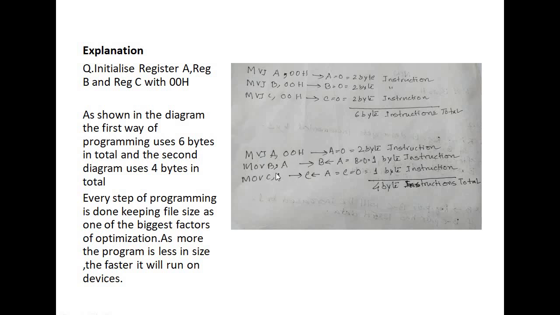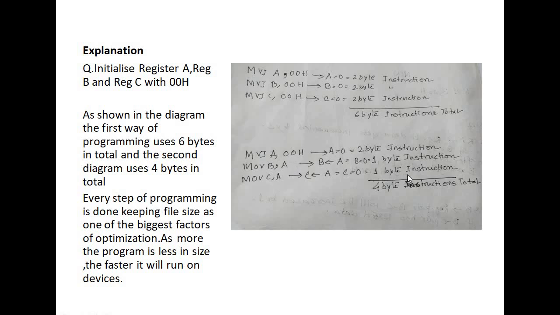Now MOV B, A. Is there a number in the instruction? No. Only one opcode will be there for MOV B, A. So this is a 1 byte instruction, and it takes 1 memory location. Again MOV C, A is also a 1 byte instruction, because there is no operand, only opcode.